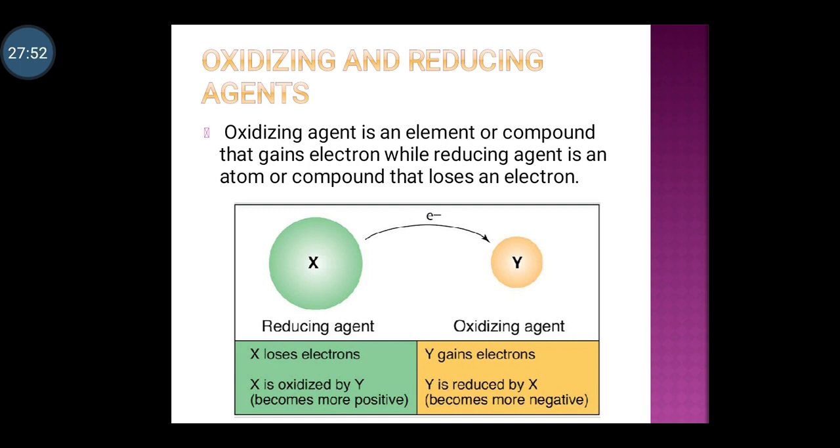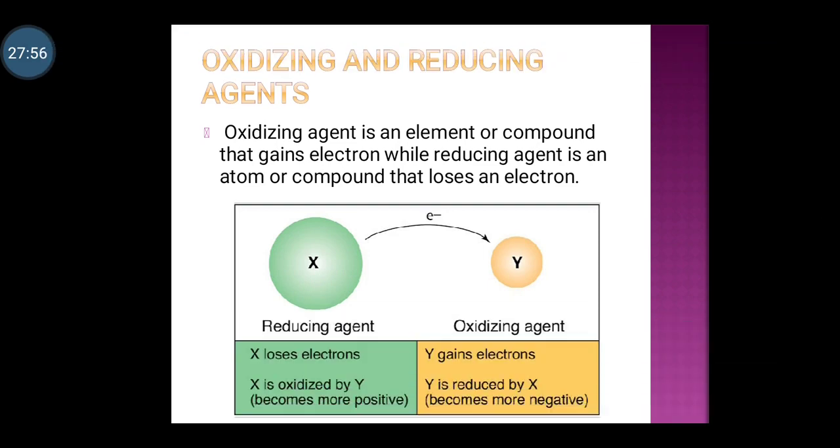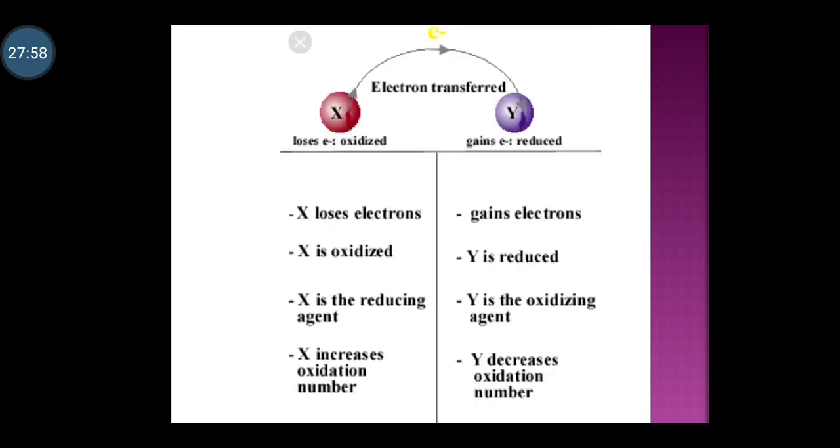Okay, now let us look at another way to explain oxidizing and reducing. Now from the figure, you can see X going to Y, electron transfer. X is losing electrons and is oxidized. Y is gaining electrons and is reduced.